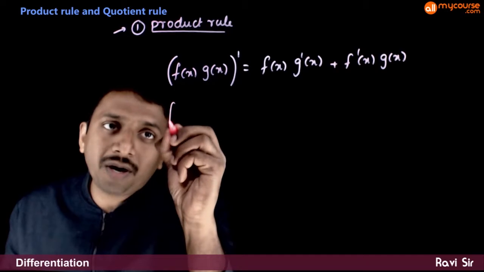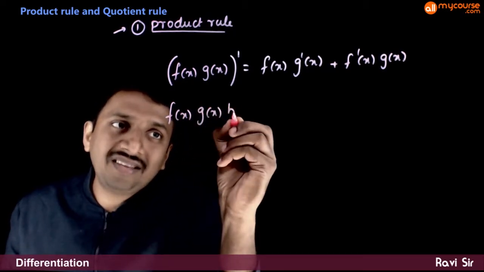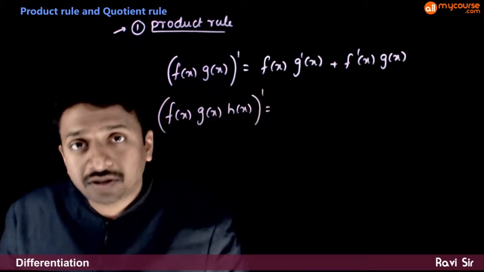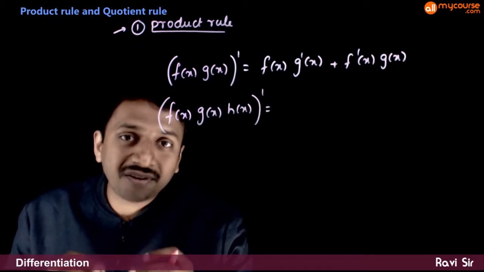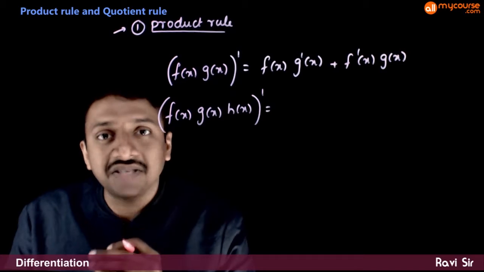So if you want to differentiate the product of three functions, f of x into g of x into h of x dash, what you need to do is differentiate one function at a time, leaving the other functions intact.